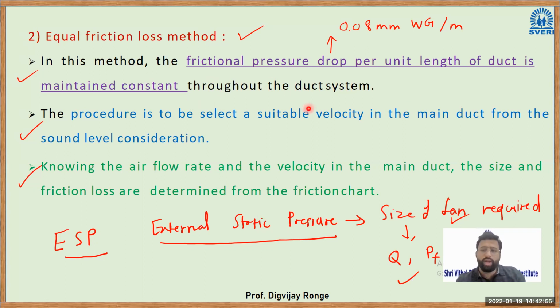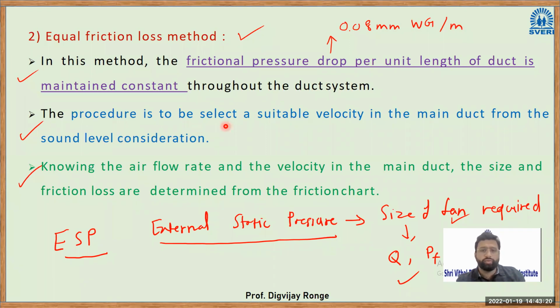The value is also very common in industrial or commercial applications, that is 0.08 mm of water gauge per meter of duct length. This value is constant, and I have used software related to duct design. In that also this value is maintained constant, 0.08 mm water gauge per meter length of duct.